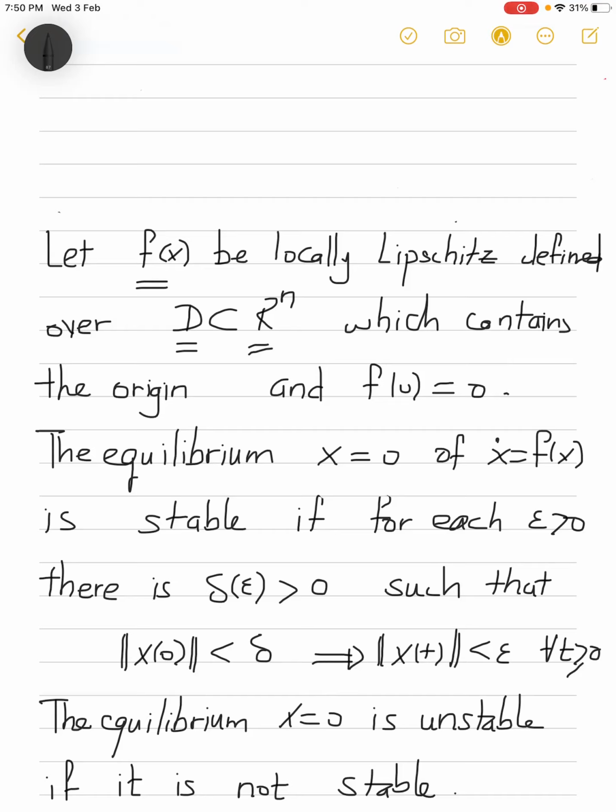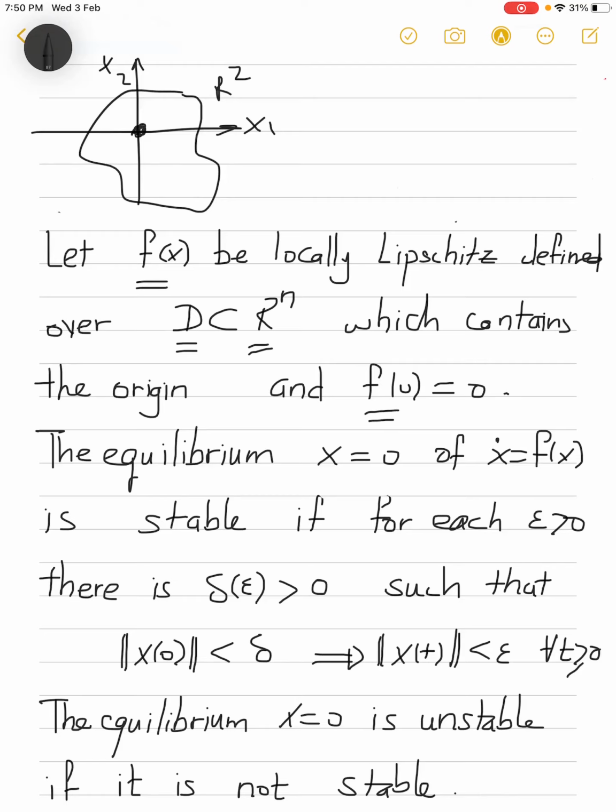So, for example, if I consider here the second order space, this is R2, this is say x1 and x2, then we are saying that D could be a domain within R2, however it has to contain the origin within it. We also require that f of 0 will be equal to 0, which will lead actually to the conclusion that the origin is the equilibrium point for the system x dot equals f of x.